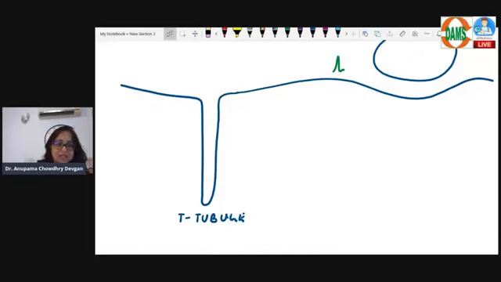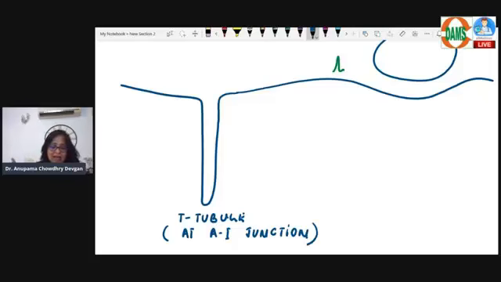Yes, transverse tubule. And where is this transverse tubule? This is at the AI junction. What is the AI junction? The junction of the A band and the I band.